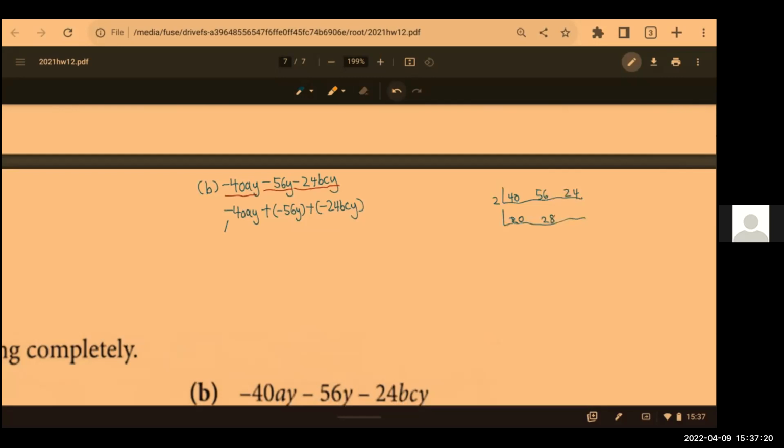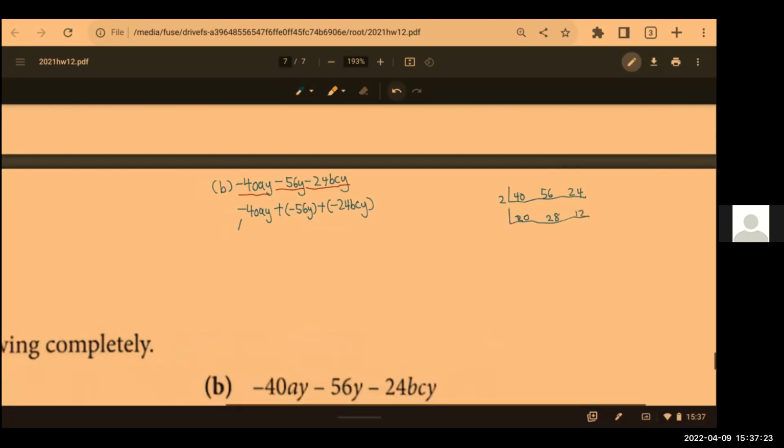If you cannot see, then you have to do the HCF. Can you continue further? No. Cannot. Okay, so what's the HCF?